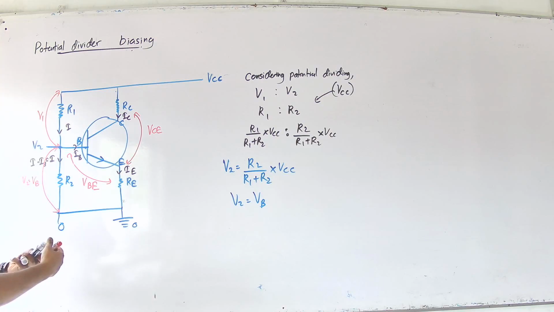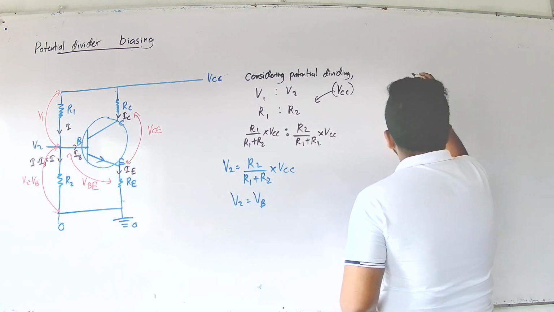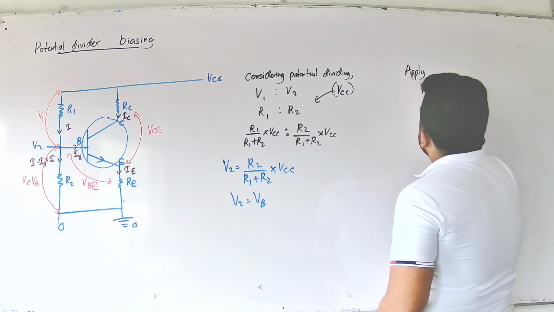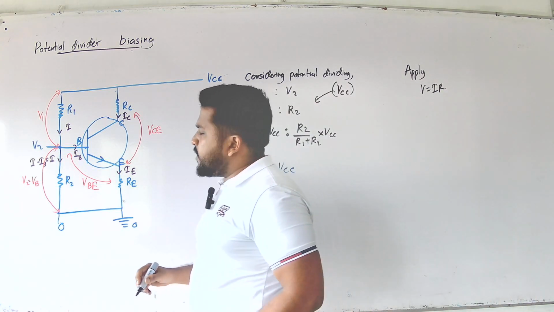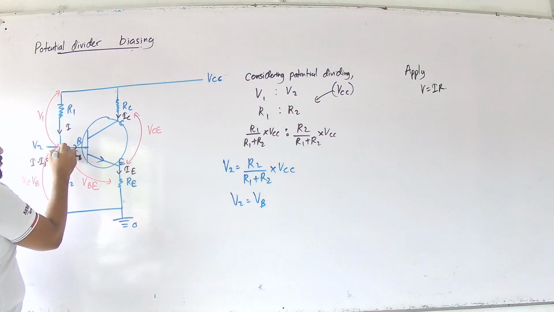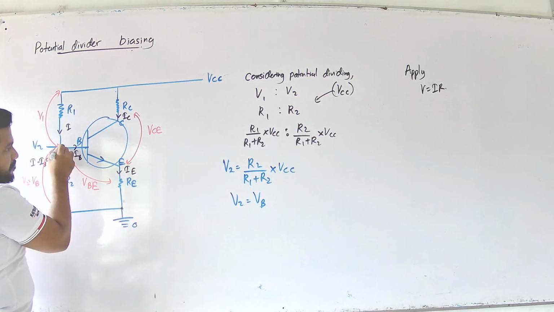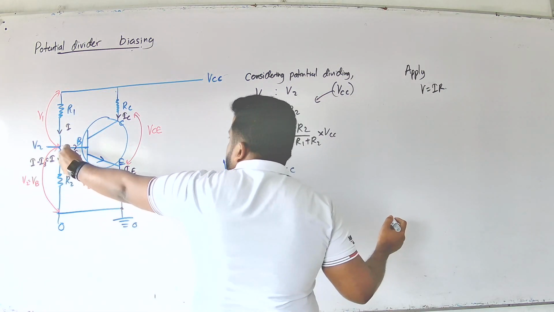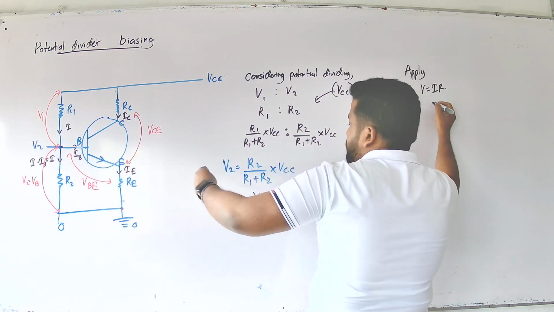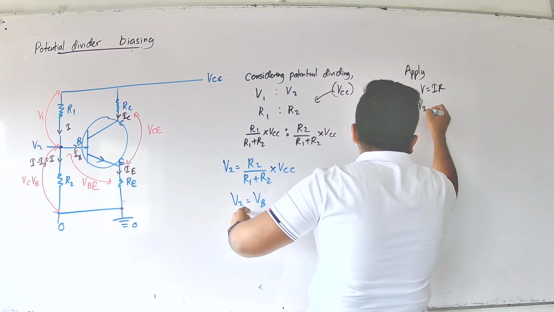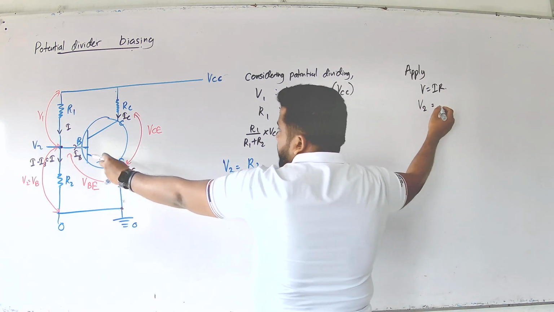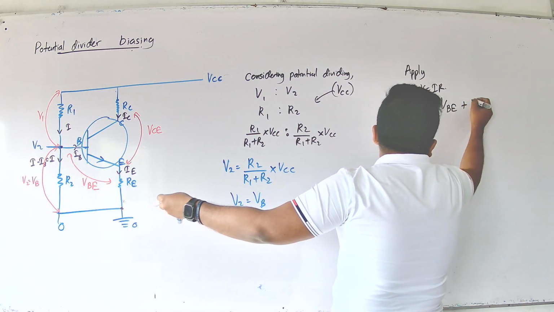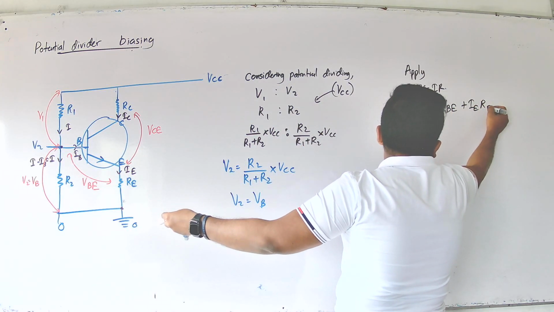Now I apply V equals IR from this place to this place. V2, or VB, equals IB into nothing, then VBE plus IE RE.